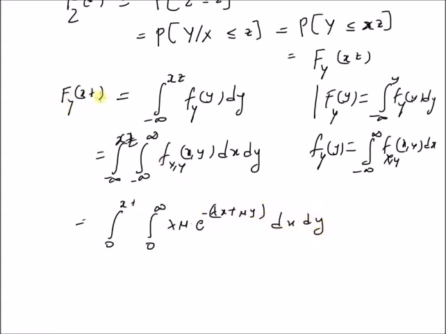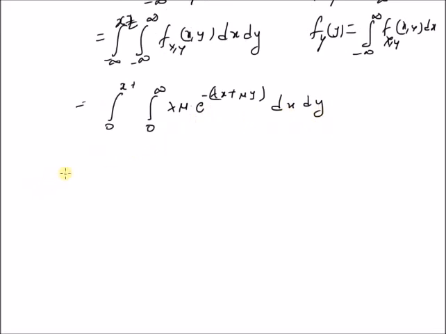So this is the definition of F_y of xz. Now continuing with the integration process, by changing the variables and separating the terms of x and y, we have the integral 0 to infinity of lambda times e power minus lambda x, integral 0 to xz of mu into e power minus mu y dy dx. So these are the terms of y and these are the terms of x.